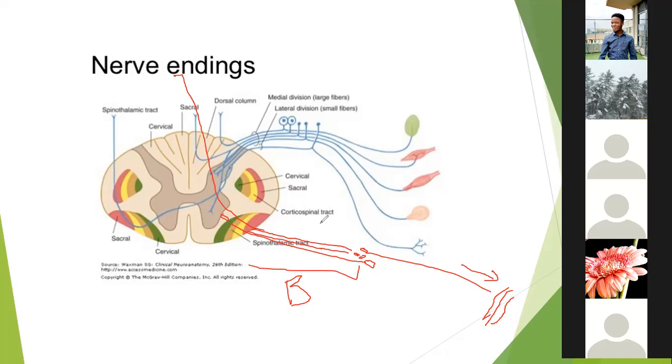Now, we have talked about type A. Some of these cells are type A here. They are cutaneous receptors, pain, and all that. Then the muscle spindles and the Golgi tendon organs are also type A. So type B are preganglionic. That leaves type C, which are usually the postganglionic.